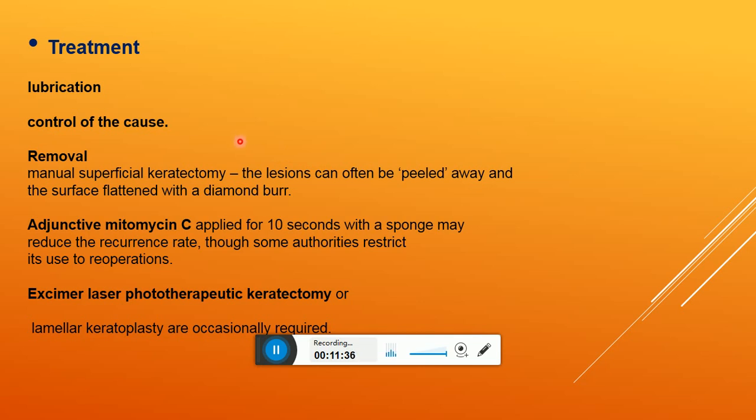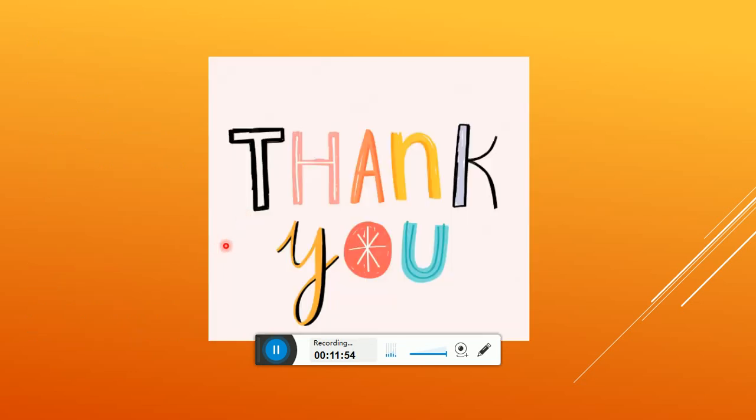Adjunctive mitomycin C applied for 10 seconds with a sponge may reduce the recurrence rate, though some authorities restrict its use to re-operation. Excimer laser phototherapeutic keratectomy or lamellar keratoplasty are occasionally required. Thank you so much.